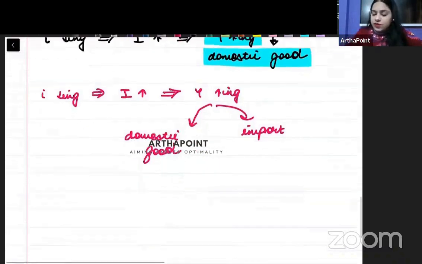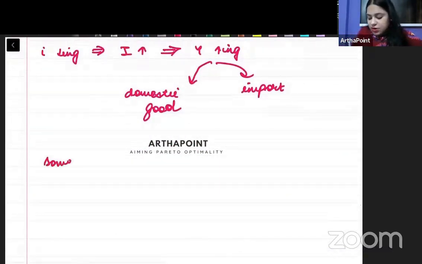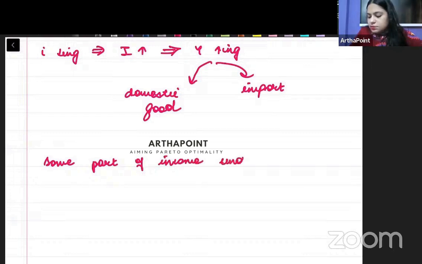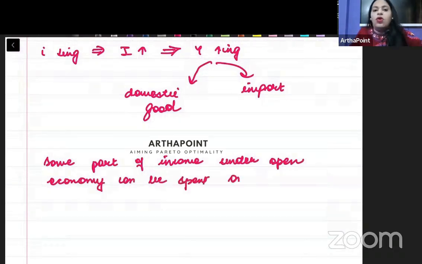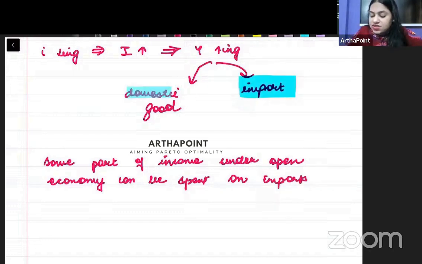So some part of income under open economy can be spent on your imports. अब कुछ पार्ट इनकम का imports पे जा रहा है और डोमेस्टिक गुड्स पे आधा.